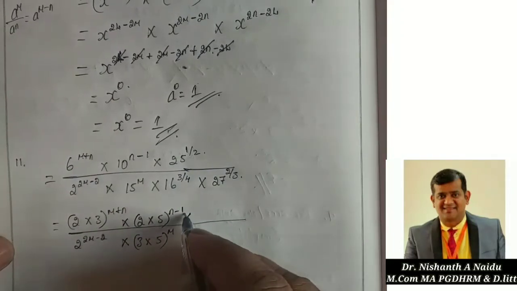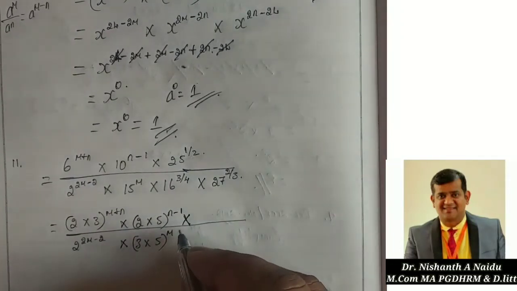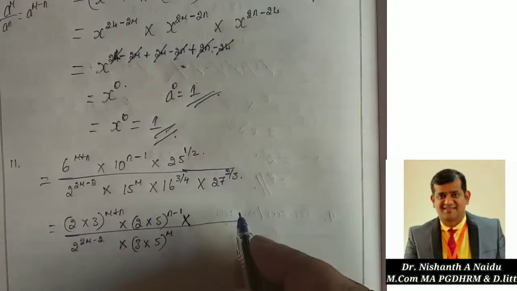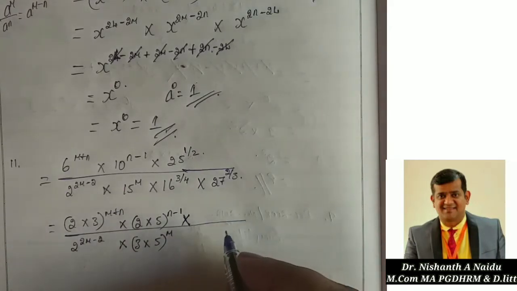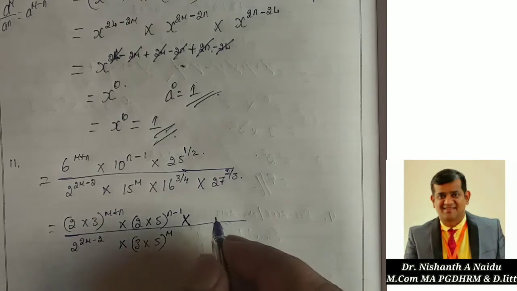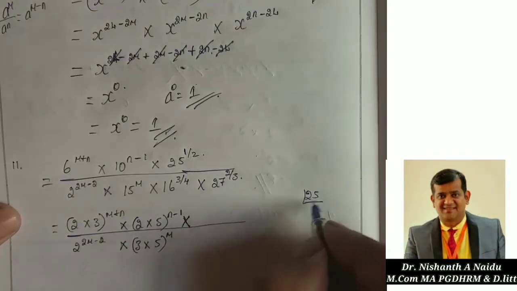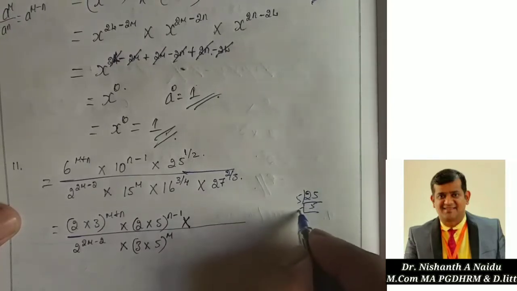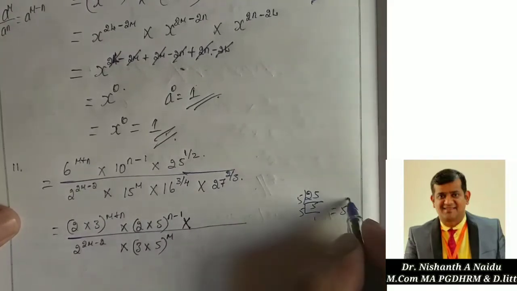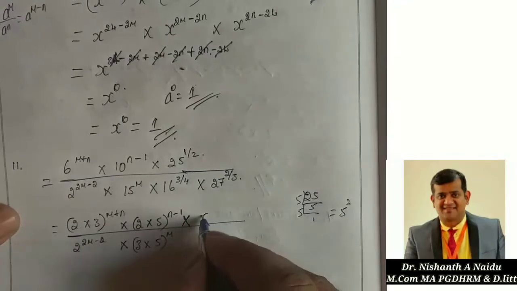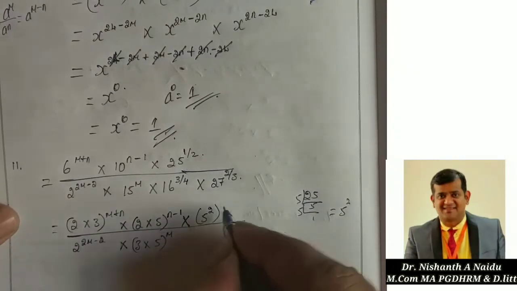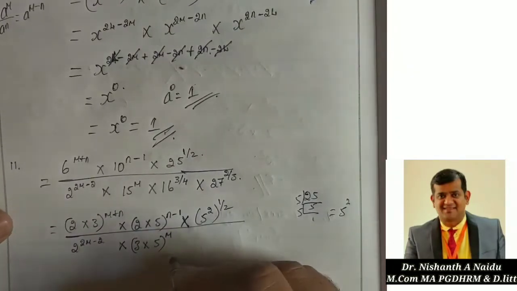So this we can bring to its prime form: 5 1s are 5, 5 5s are 25. So that becomes 5 to the power 2, correct? Find the LCM for 25: 5 5s are 25, 5 1s are 5. So 5 to the power 2, whole power 1 by 2.